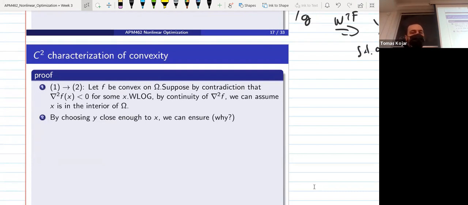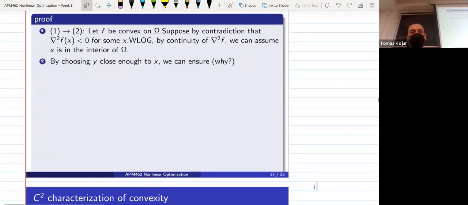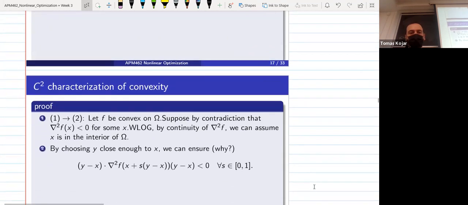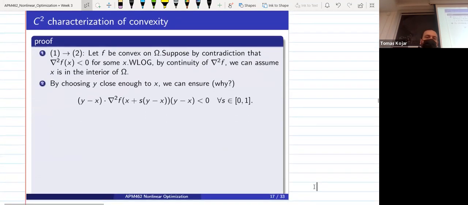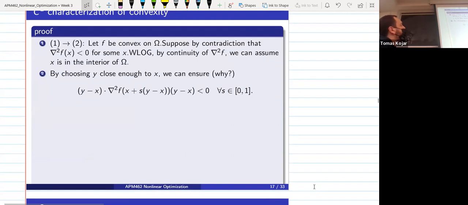So take y close enough to x by continuity. Let me prove it to you, because this is hard.